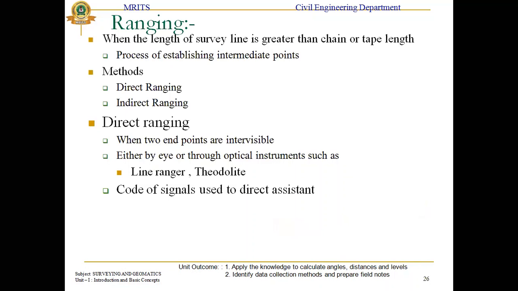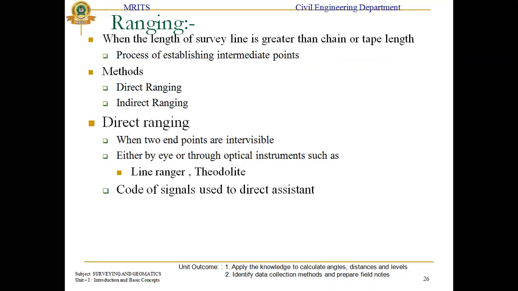Okay, next, ranging: direct ranging and indirect ranging. This is the method for direct ranging when the two endpoints are visible, either by eye or with an instrument, with visibility from instrument to instrument.